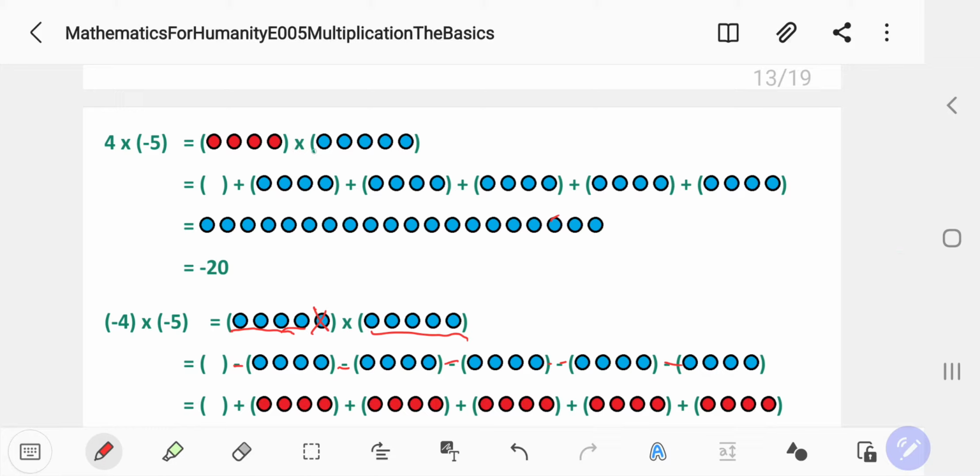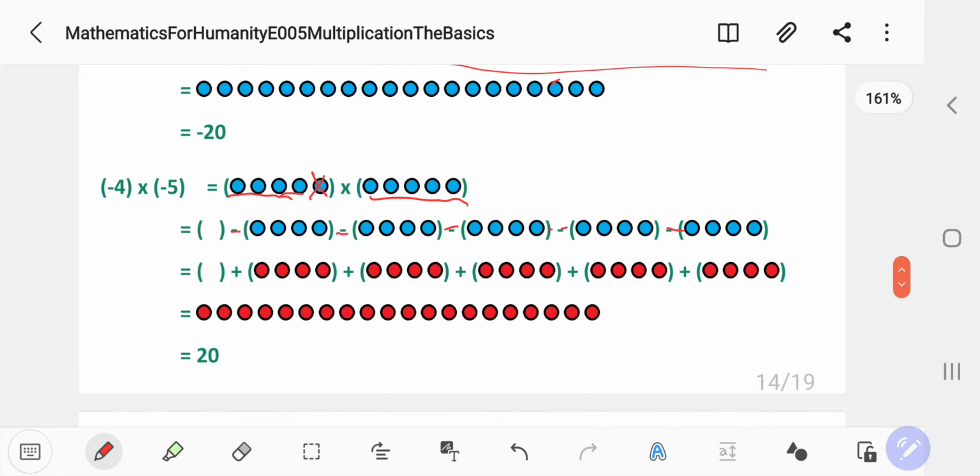So we are multiplying, this is adding, and the red color here is changed in this line, because we are multiplying by a negative number. So we change the sign, we turn the blue into red. 1, 2, 3, 4, 5, and you combine all of them, and then you still have 20, because it's all red now.